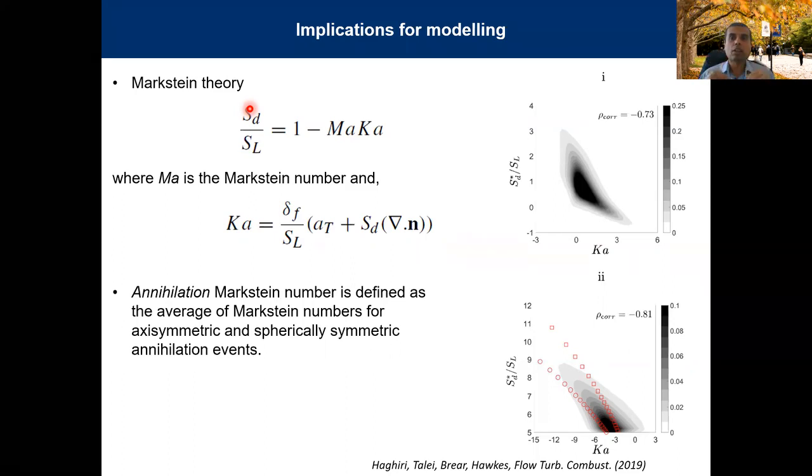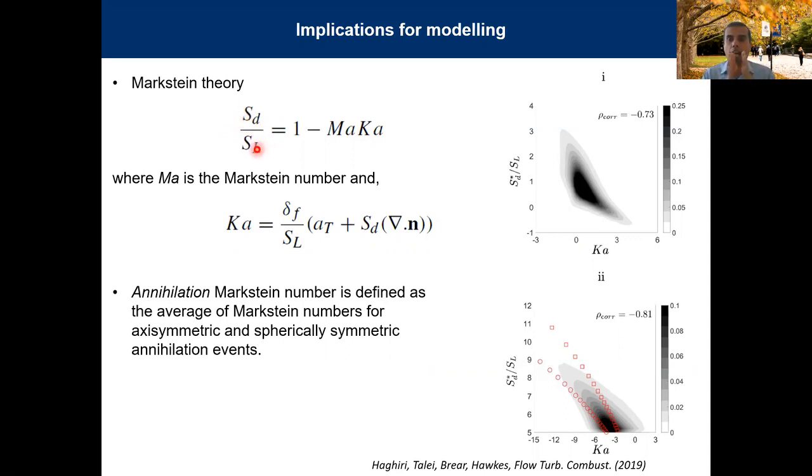There is a lot of work in the literature to understand how the displacement speed varies as a function of other parameters. This linear theory is a starting point, which has been improved over the years, and this is the most recent version of it, which describes ST over SL. ST is the displacement speed relative to the laminar flame speed.